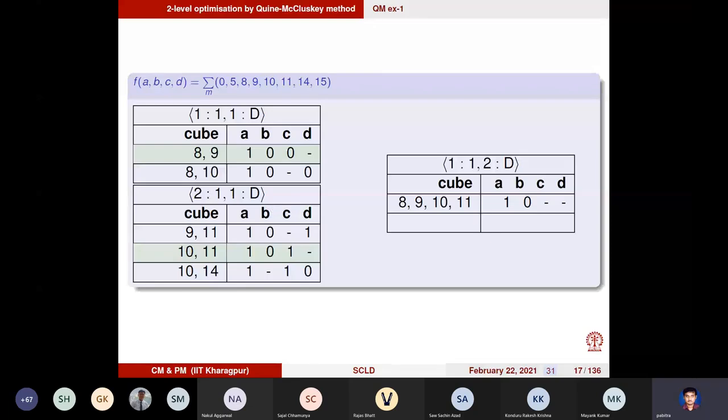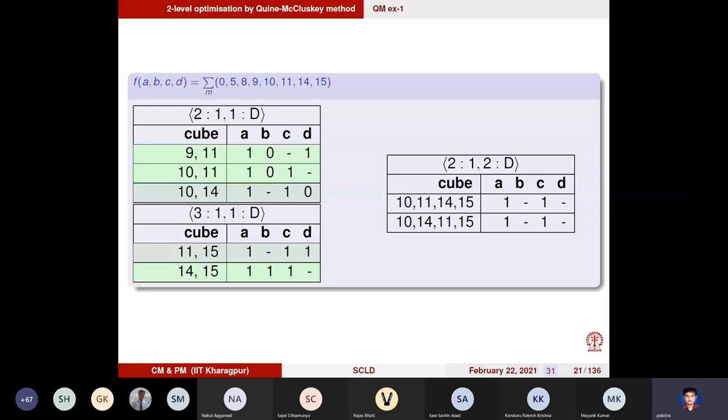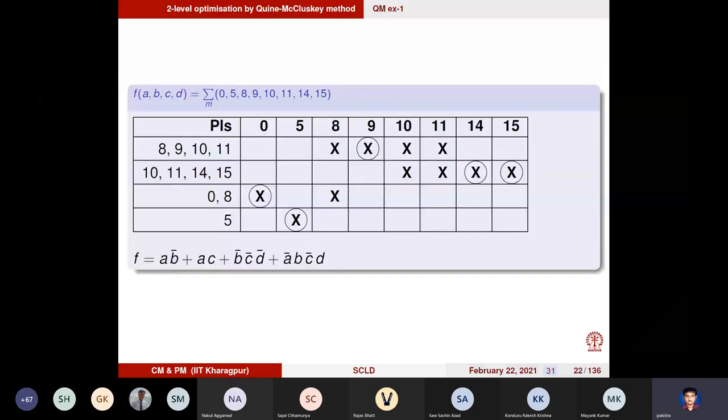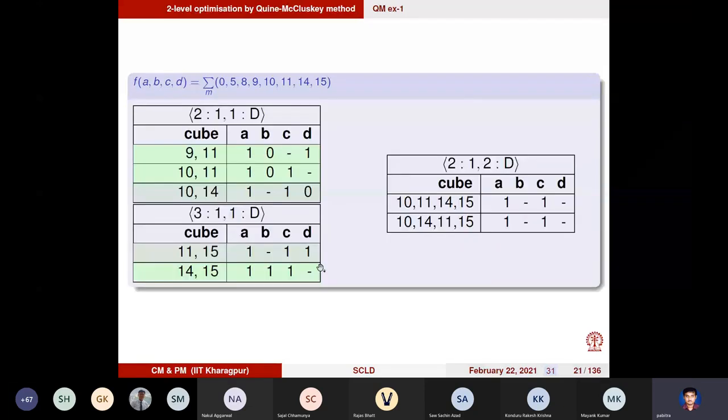Okay, this way I continue. So if I go forward with the 2 1s and 1 dash with 3 1s and 1 dash, I'll get this. And then at the next level, again all the cubes with 2 dashes, I'll try to combine among each other.